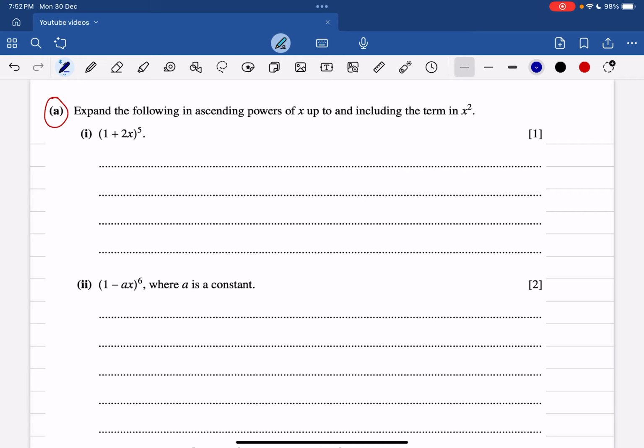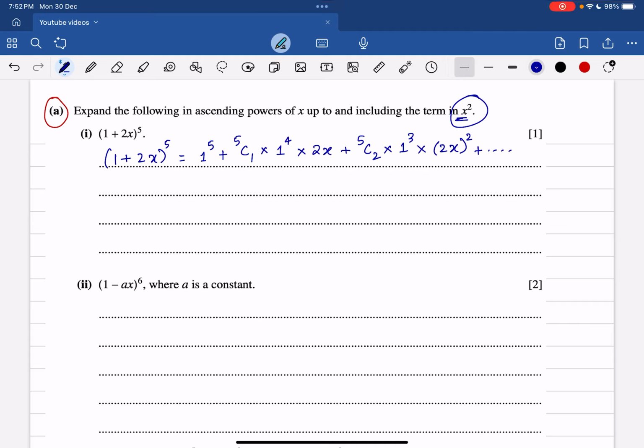It says expand the following in ascending powers of x up to and including the term in x squared, right? So I'm focused on expanding only up to x squared. How do I do that? 1 raised to 5 plus 5c1 1 raised to 4 times 2x plus 5c2 1 raised to 3 times 2x the whole square plus dot dot dot. Why?